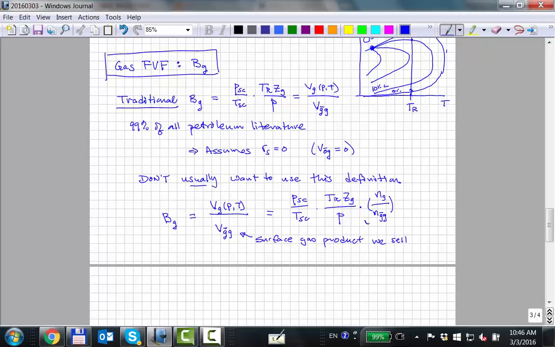And because this number here is always going to be less than or equal to 1, the amount of moles that become surface gas can't be more than what we start with. So this number here has to be greater than or equal to 1.